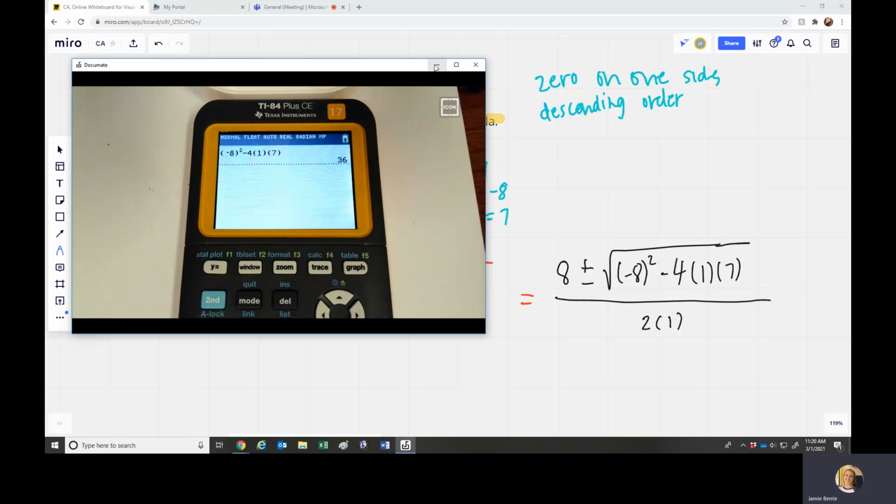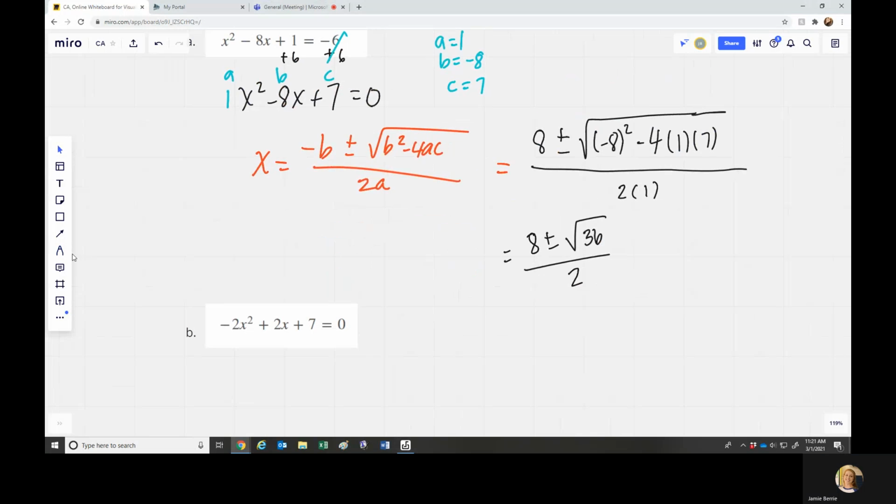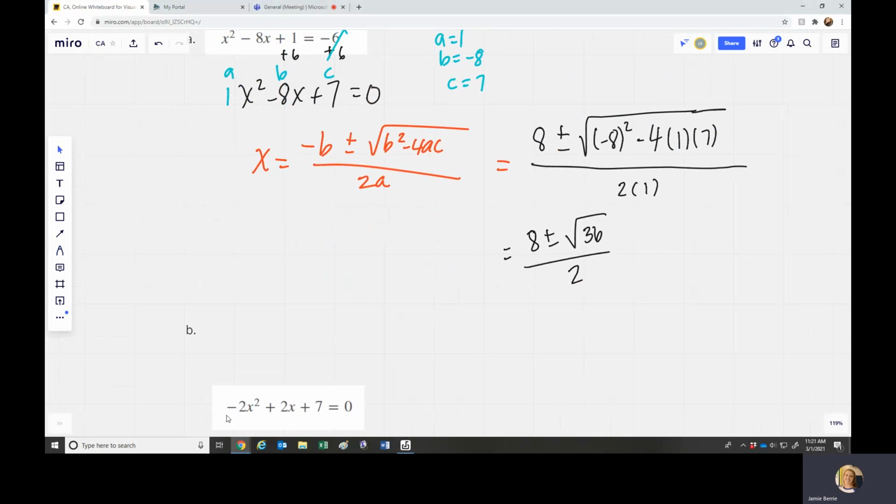All right, so let's go ahead and plug that in. So we have 8 plus or minus the square root of 36 over 2 times 1, which is 2.